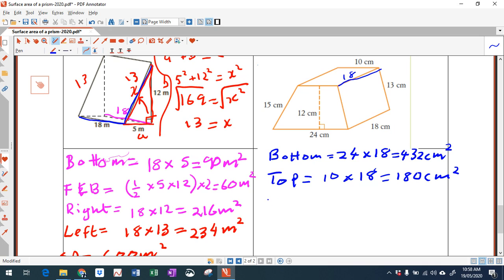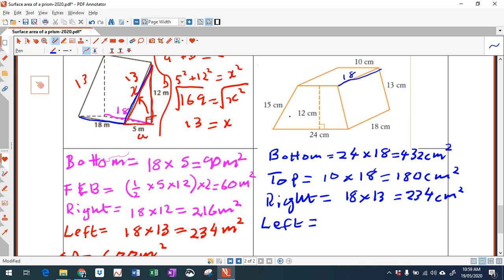Then we'll look at the right side. The right side is easiest to work out. That's 18 times 13, which is equal to 234 centimeters squared.